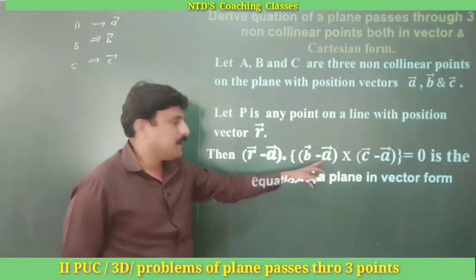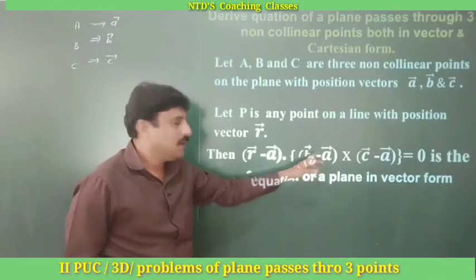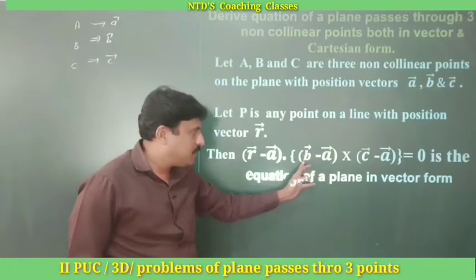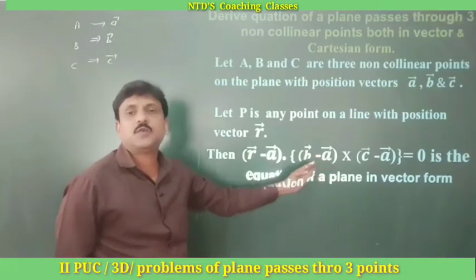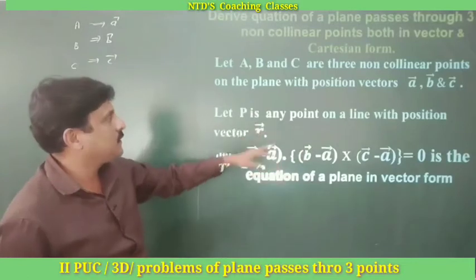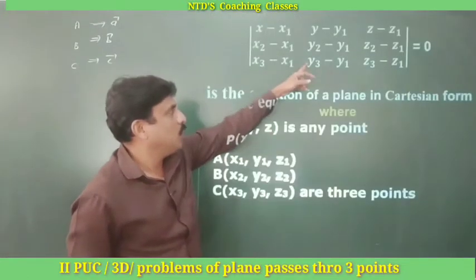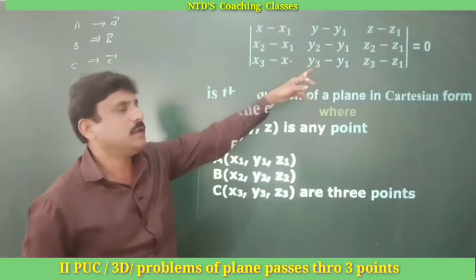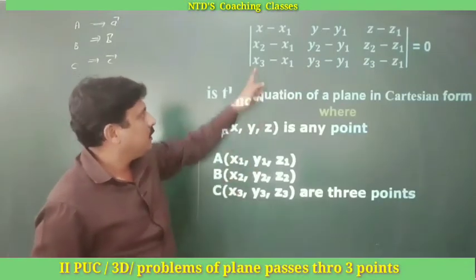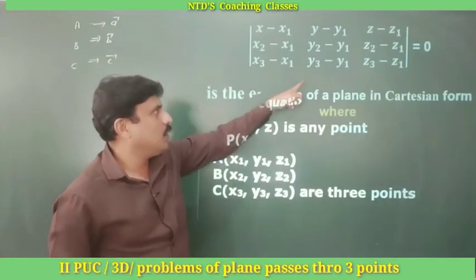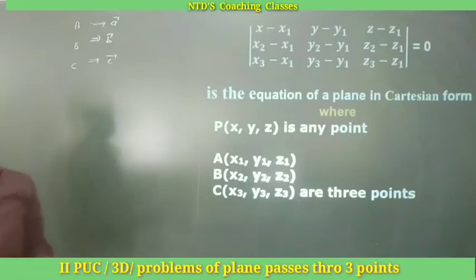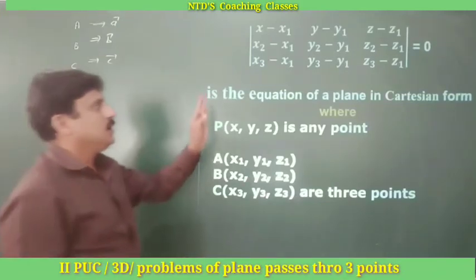B minus A. B means second point, A means first point, that is x2 minus x1, y2 minus y1, z2 minus z1. Next, similarly x3 minus x1, y3 minus y1, z3 minus z1, determinant equals 0.